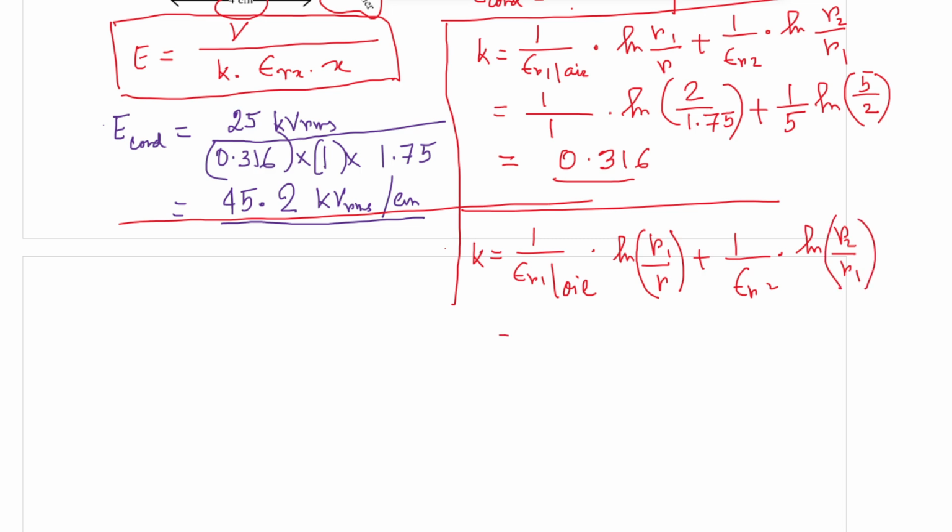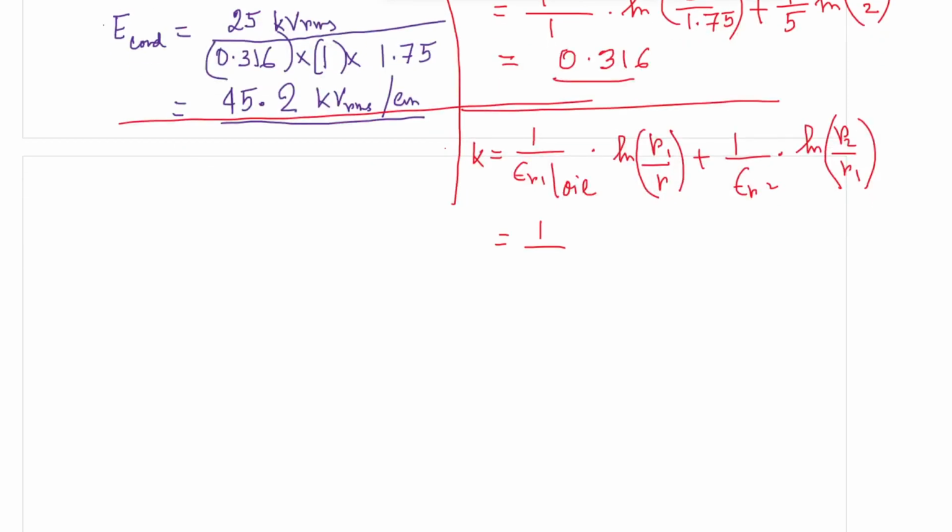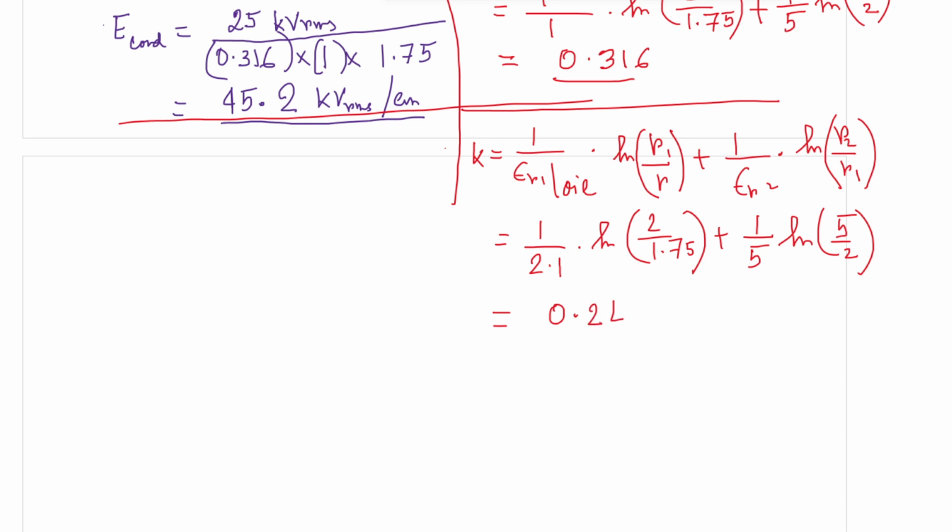Now starting to put the values. Epsilon R1 for oil, as given, is 2.1. So it will be 1 by 2.1 into ln 2 by 1.75, plus 1 by 5 ln 5 by 2. If you solve this, you will get 0.246.